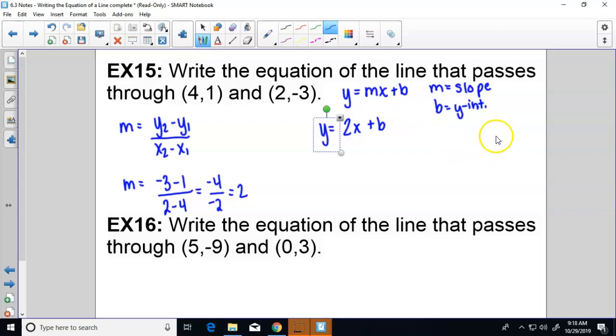So now I need the y-intercept. How are we going to find that y-intercept? Okay, we can plug. What do we plug in though, Cole? The 2 we just got here. So we plug that in for our slope. How are we going to find this y-intercept, though?